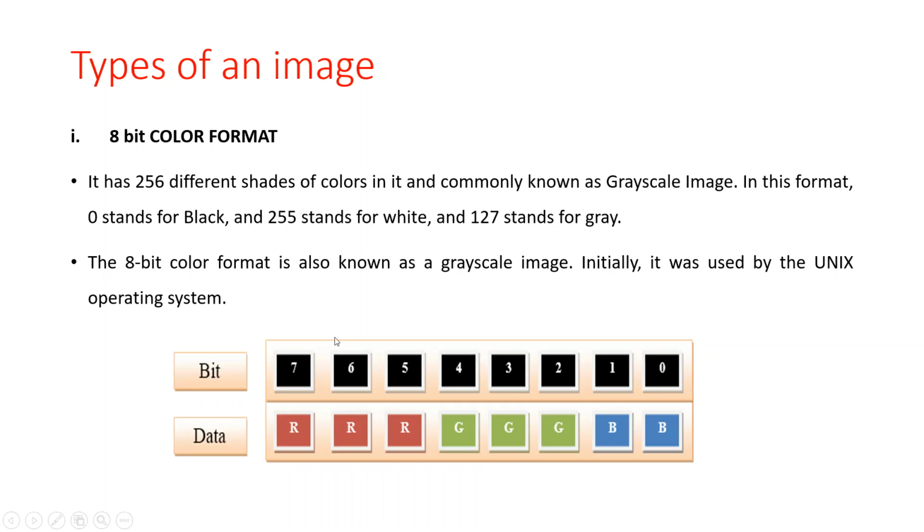In the 8-bit color format, among these 8 bits, 3 bits are used for red color, 3 bits are used for green color and 2 bits are used for blue color. So this is a simple 8-bit color format representation.